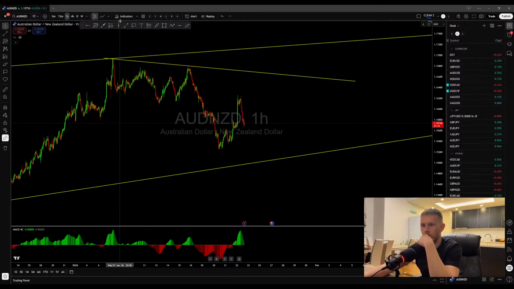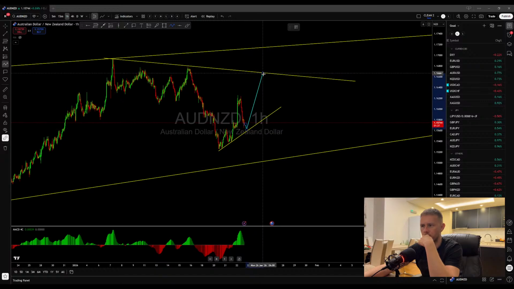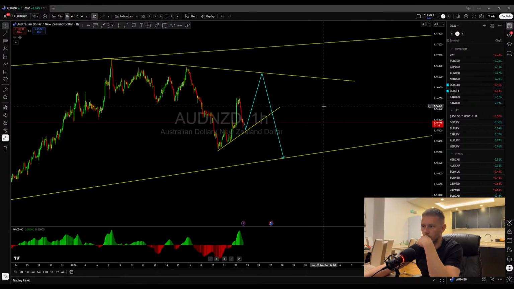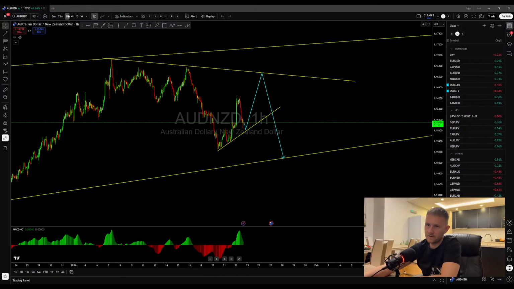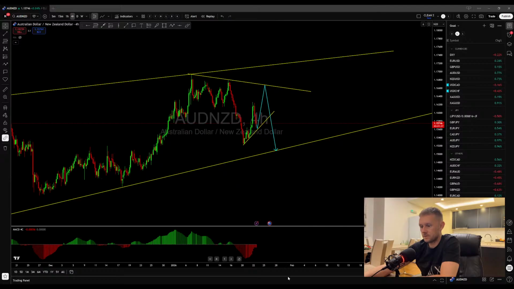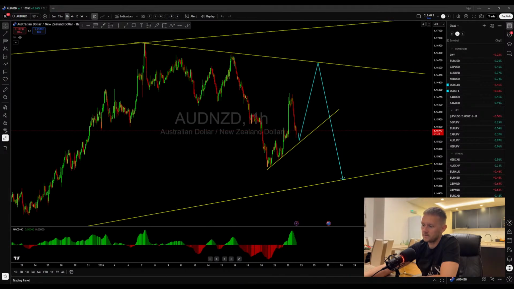And this one can go higher. Tag there, going there, and then going down. Possible movement. Because this is a very strong impulsive move, that's the reason why I do believe that this one will go one more leg higher.